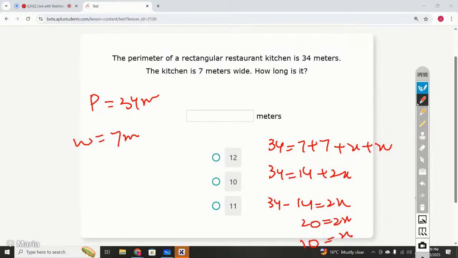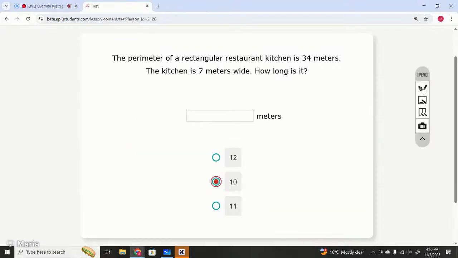The correct option is 10. Option number 2 is the correct option, that is 10.